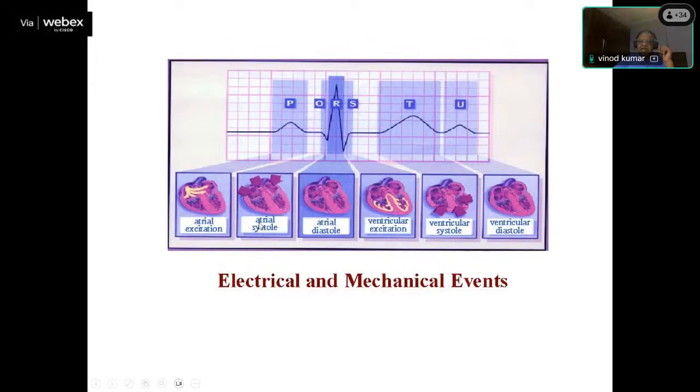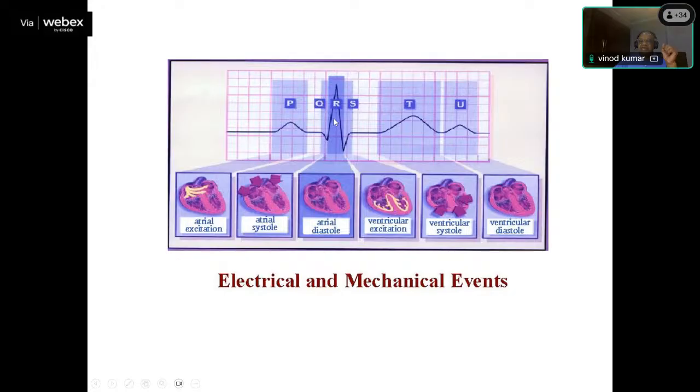Similarly, during atrial systole, that is blood output, when squeezing takes place, my Q wave is generated. And during relaxation of the atria, my R wave is generated, this peak. This is the highest.